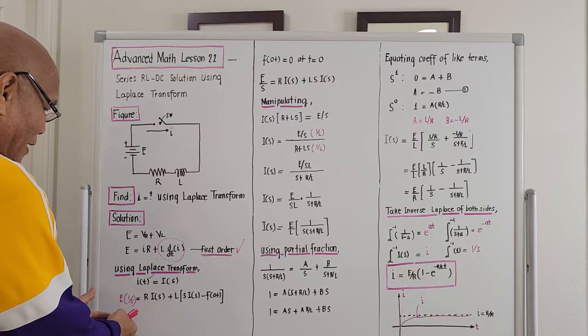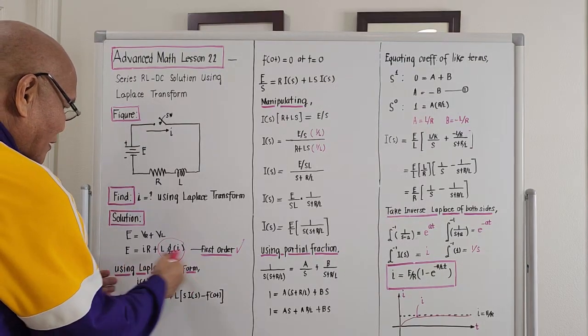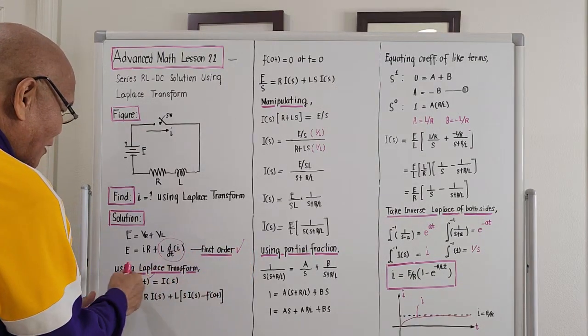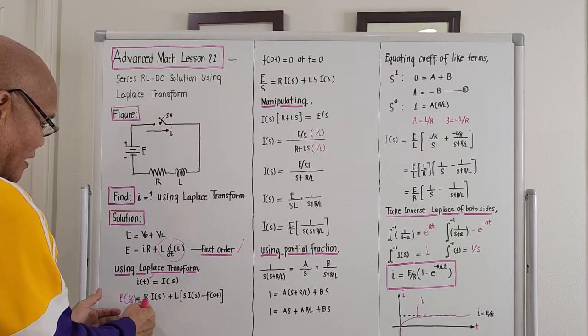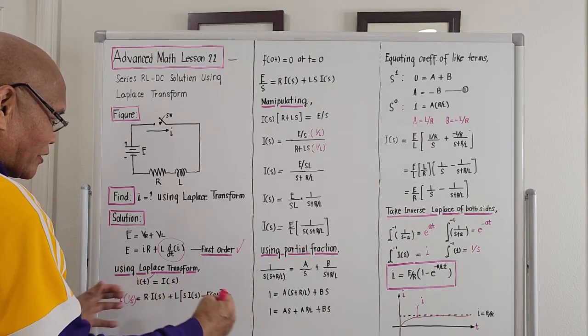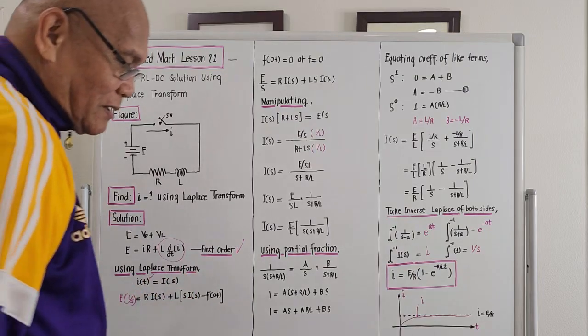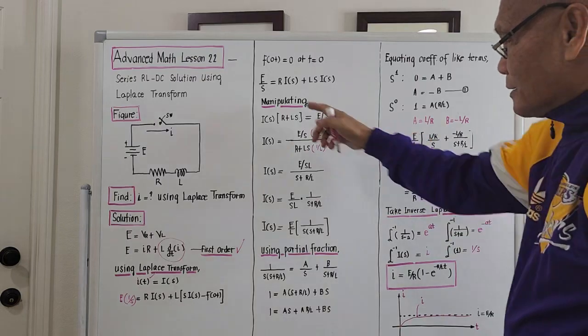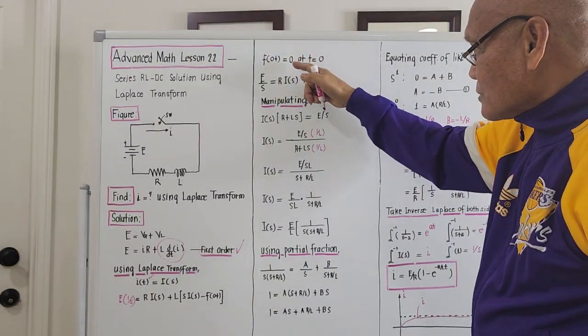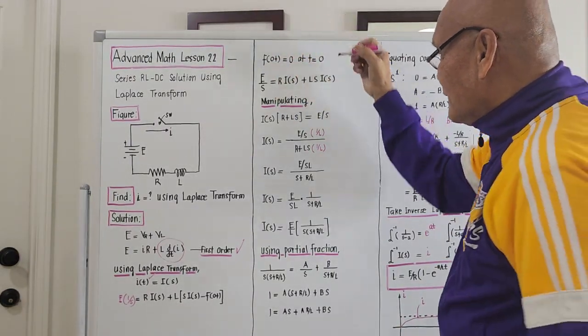Okay, so we have transformed already the first order differential equation into its Laplace transform equivalent. It's almost as a function of s plus the other constants. Okay, proceeding with the solution. For an RL circuit, f sub 0 plus is actually equal to 0.